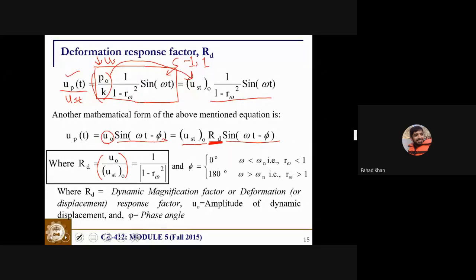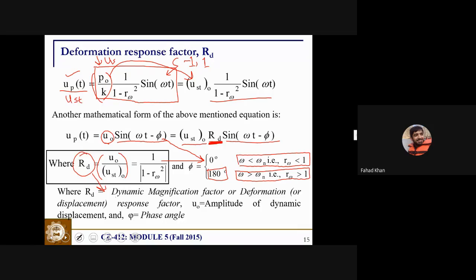So if you look at this angle, we have two conditions only. When phi is equal to 0, we say that omega is smaller than omega n, and r omega will be smaller than 1. When phi is equal to 180 degrees, then omega will be greater than omega n, and r omega value will be greater than 1. What is important is this RD thing.